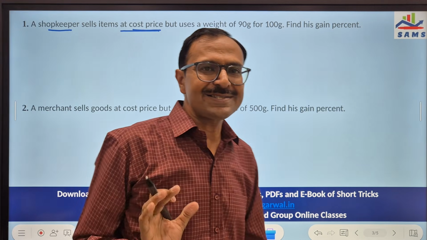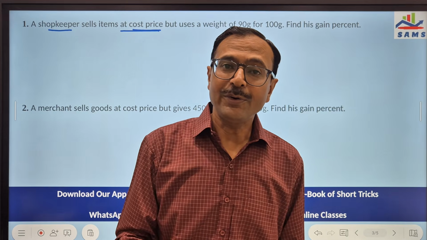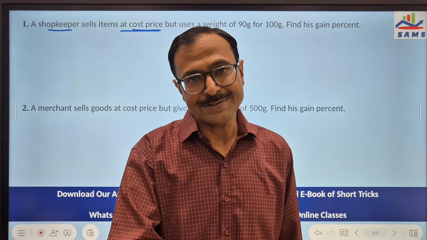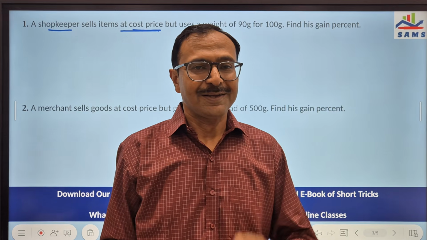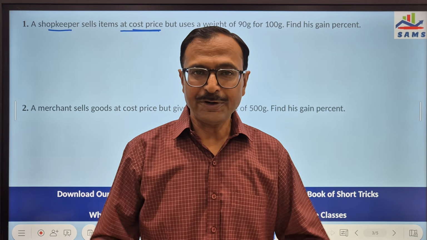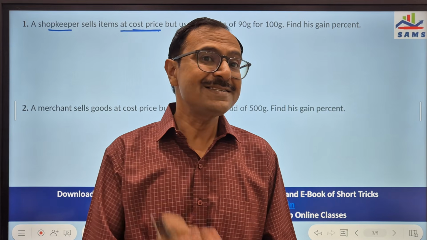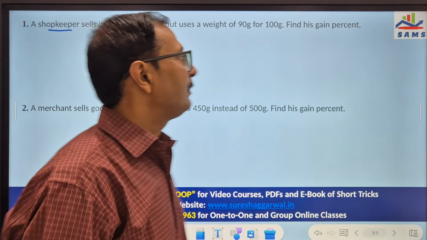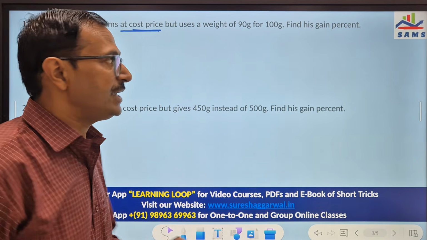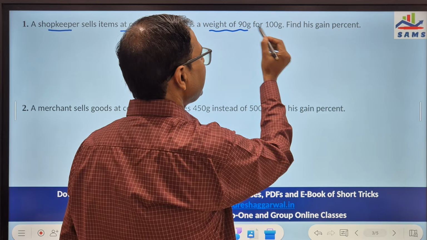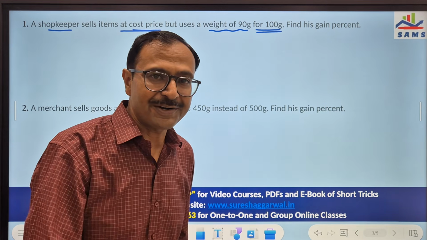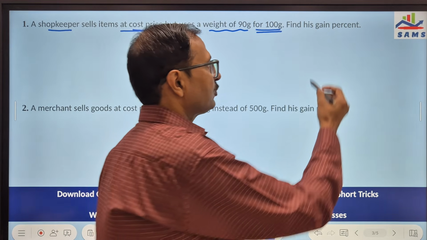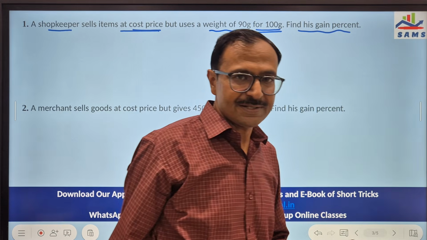He purchased it at some cost price and now he is selling it at the same cost price. So if CP and SP are equal, there is no profit, no loss, but he is earning a profit. How? Because he is using a false weight. He is using a weight of 90 grams instead of 100 grams, and we have to find his gain percent.